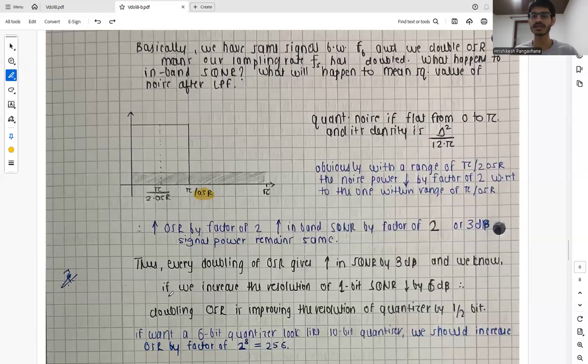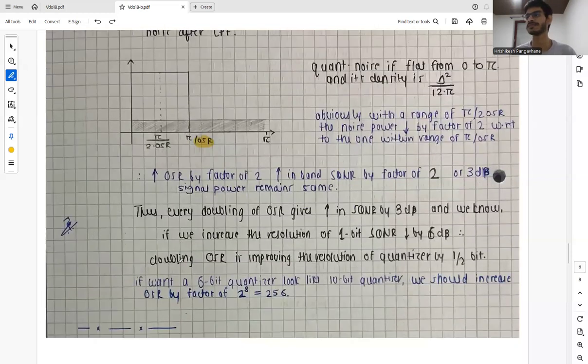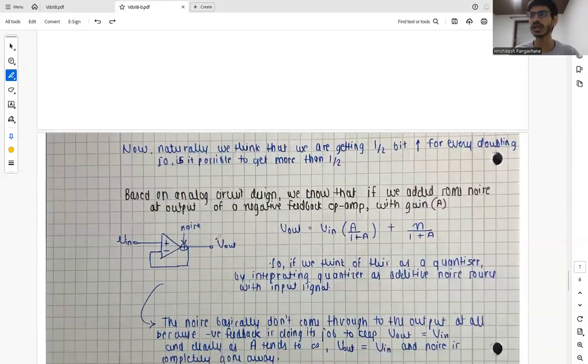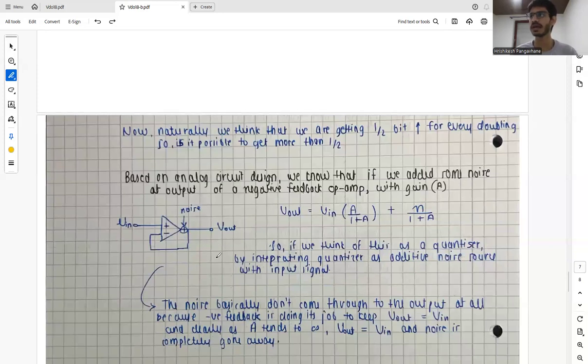So we need 8 such increments, so we need to double 8 times. So basically 2 to the power 8, which is 256. So if we want a 6-bit quantizer to look like a 10-bit quantizer, we should increase the OSR by a factor of 256.